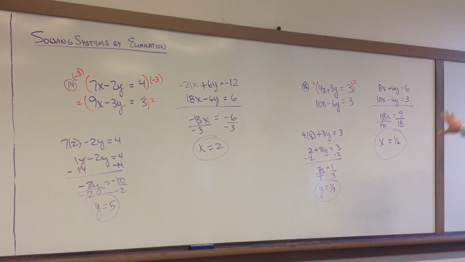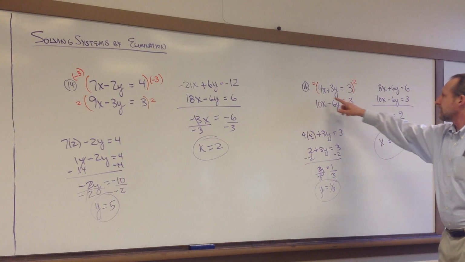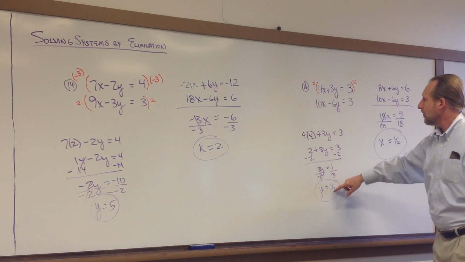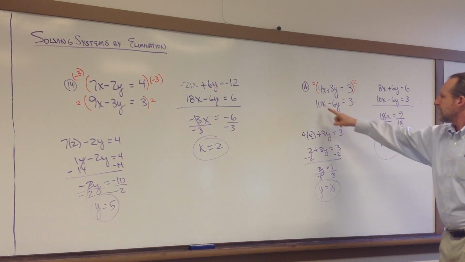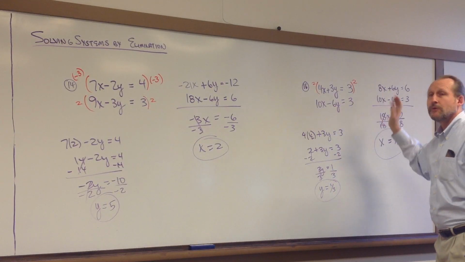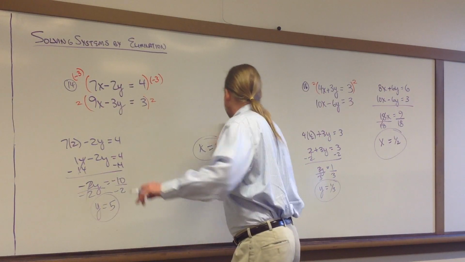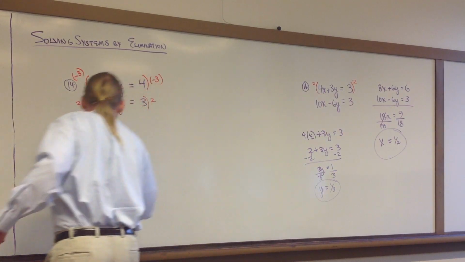That means your answers are fractions, and there's nothing wrong with that. Okay? And we can check this out too, right? This will be 2, this will be 1, that'll make 3. Here we'll get 5, here we'll get 2, 5 minus 2, also 3. Okay? All right. Well, let's keep moving.